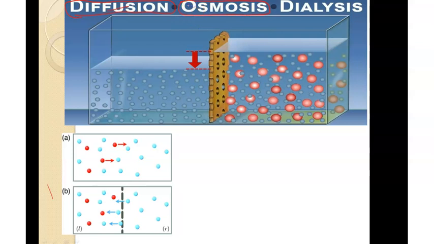The first one is diffusion and the second one is osmosis. First we will see osmosis, then we'll see diffusion.